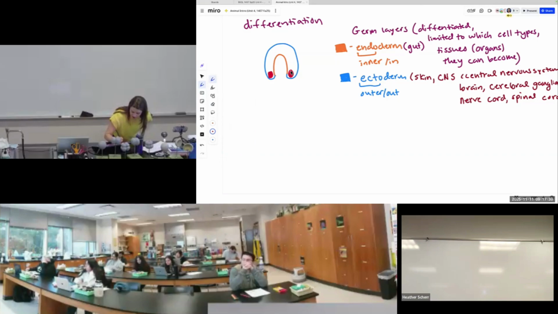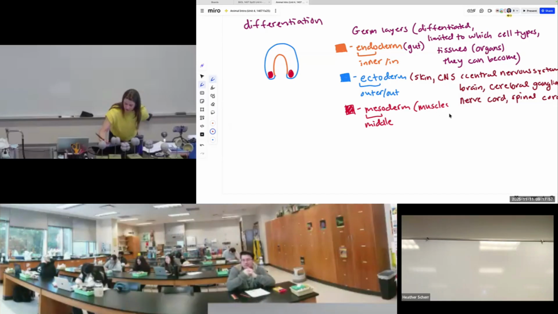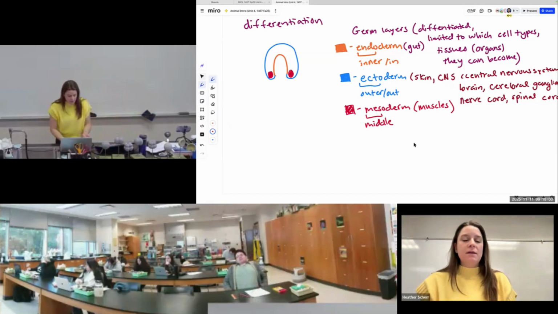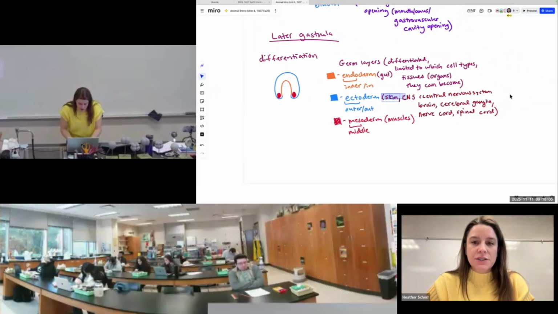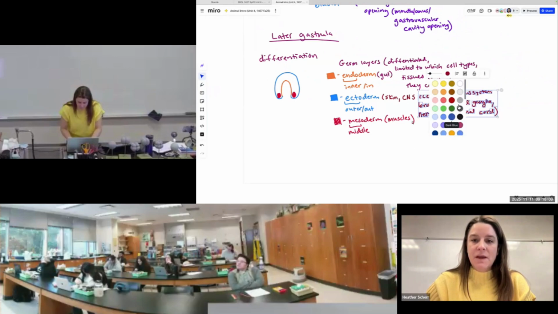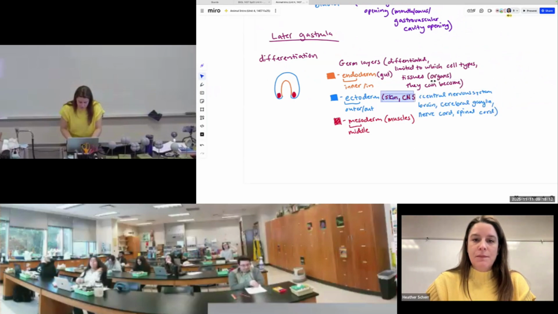That is called the middle, which is the mesoderm or mesoderm. Say it either way. And we're going to know that that turns into the muscles. Other things too, but muscles, mesoderm, start with M. That makes it easy to remember. Actually, turn this into blue. Okay.